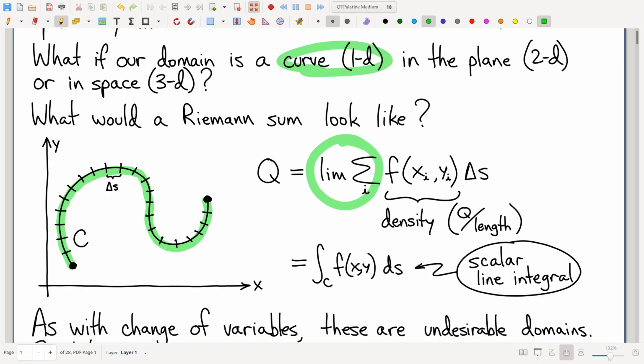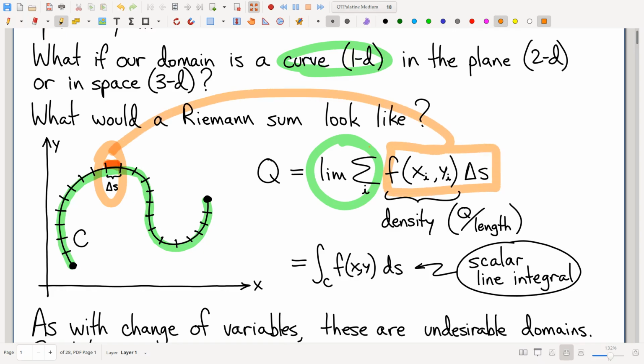And on each piece, for example, on this little piece here of size delta S, I'm going to prepare for the possibility that whatever accumulating quantity I'm interested in, where the whole is the sum of the parts, we've got to be able to add these up. But I want that quantity to be expressible as quantity per unit length times length.